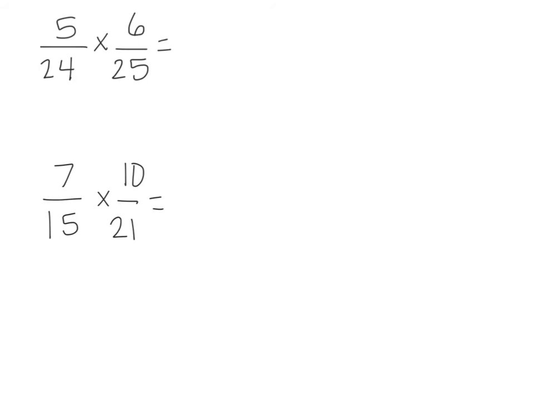Check these numbers out. 5 24ths times 6 25ths. Well, I know that I can rewrite this as 5 times 6 over 24 times 25. Now, I personally do not want to have to multiply 24 times 25. So I'm going to look at my numbers crossways. And I happen to know my multiplication facts pretty well.